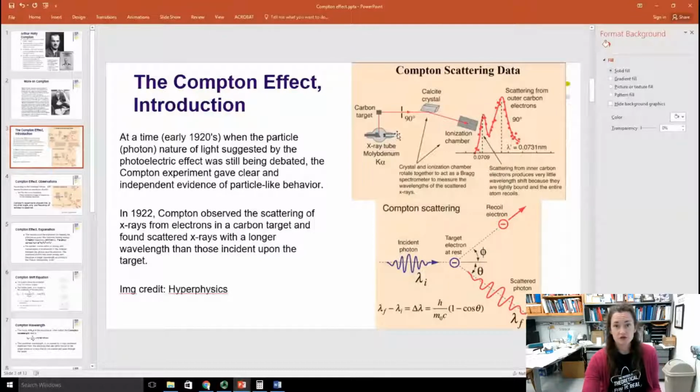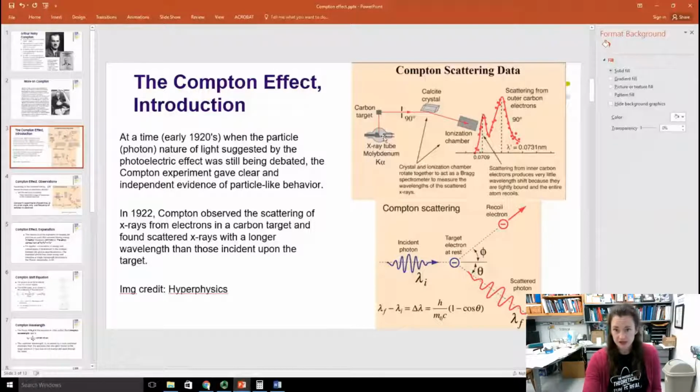And you use a voltage to accelerate those electrons to high speeds and smash them into your target, in this case molybdenum. That creates X-rays, both bremsstrahlung and characteristic X-rays. Of course, the characteristic X-rays will have a much higher intensity, will be much brighter than the continuum behind it from the bremsstrahlung. And so it's those X-rays that Compton used to shoot a carbon target.